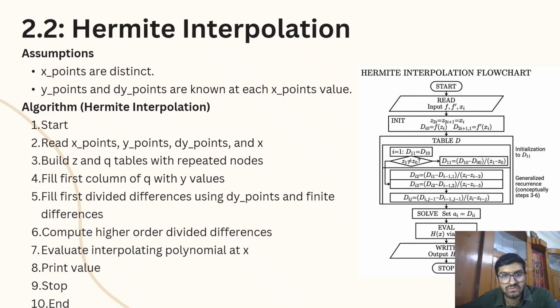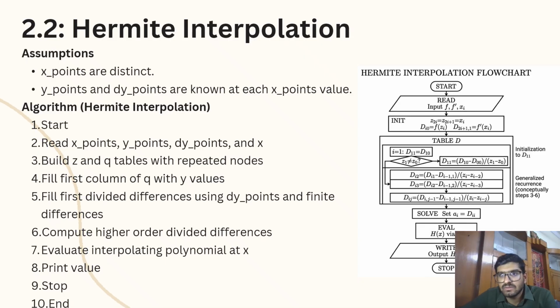Fill the first column of q with y values. Fill the first divided difference using dy points and finite difference. Compute the higher order divided differences. Evaluate the interpolation polynomial at x. Then print the value which is our answer of the interpolation, and then end the algorithm.